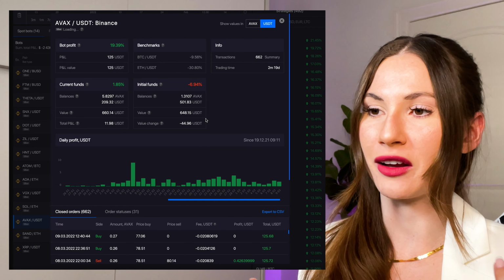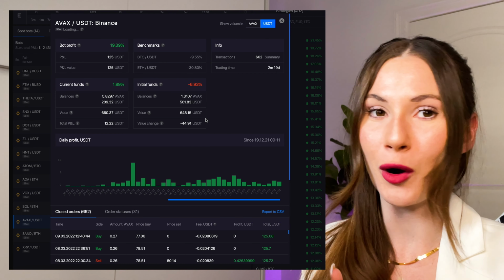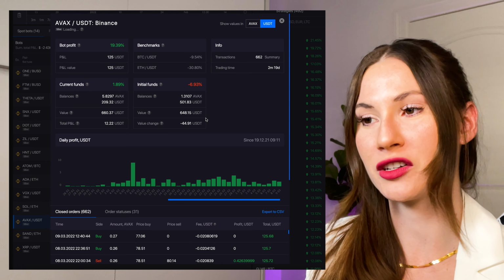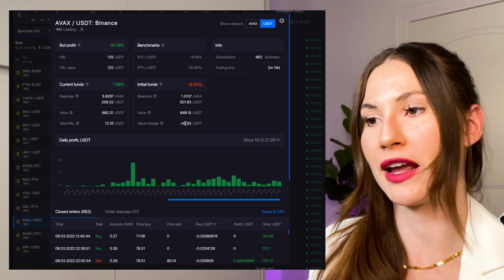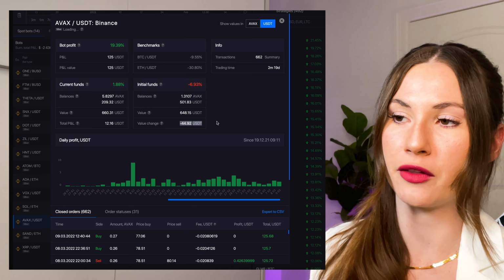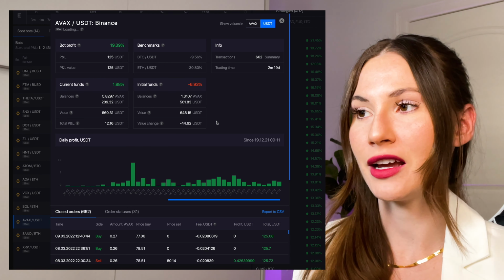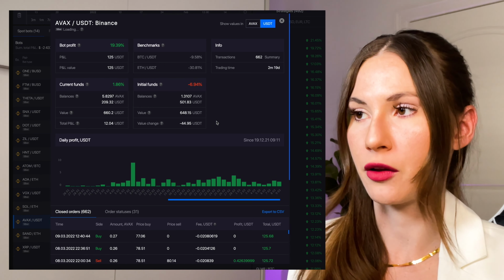So if you're being really smart and cautious with your money and you want to close this bot, you might want to wait until this is positive again, so you're not losing any money on that initial total investment as well.